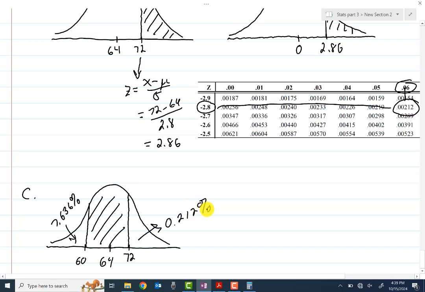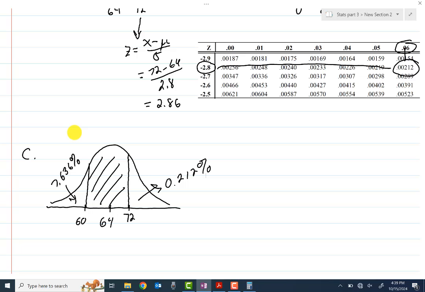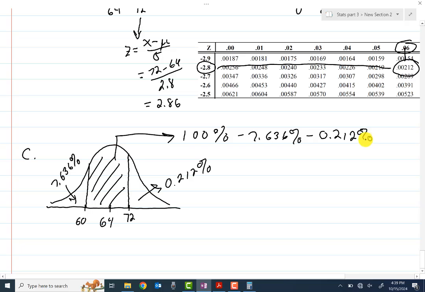Now, I am sort of violating my own covenant with you because this does not look like it's less than 1%. It looks like it's a lot bigger than that. So my picture could have been better. There's absolutely no question. But now that I have that settled, let me go ahead and figure out this percentage in here. So if you're going in percentage, you're going to have to subtract from 100%. And there we have over 92% of the data lies within those regions.